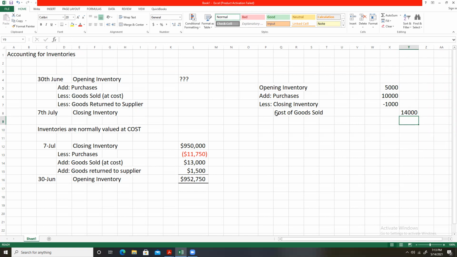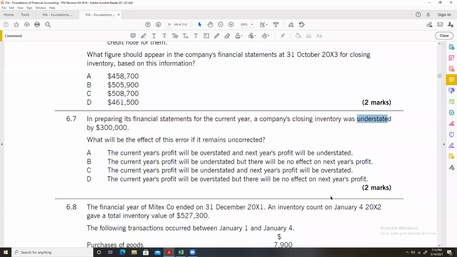So cost of goods sold is something that reduces profits. If closing inventory is understated, so cost of goods sold will increase. Now, the closing inventory is understated, so the current year's profit will be understated.